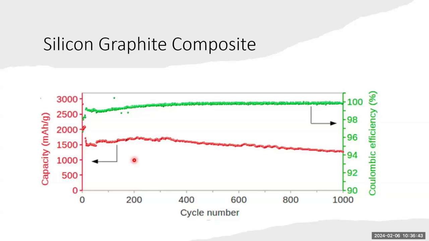So it is very good for the EV industry, because when you have a high capacity anode, that means you can store more lithium, you can store more charge, but your battery will be smaller. It will be sized smaller.